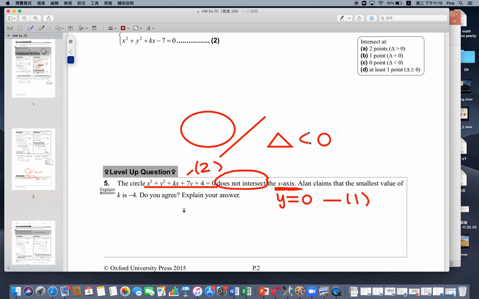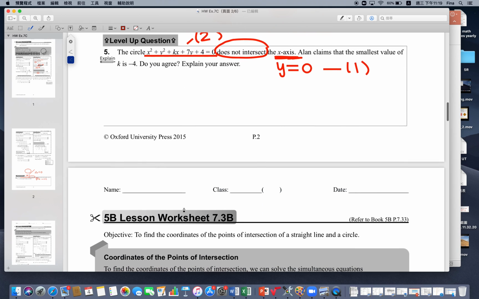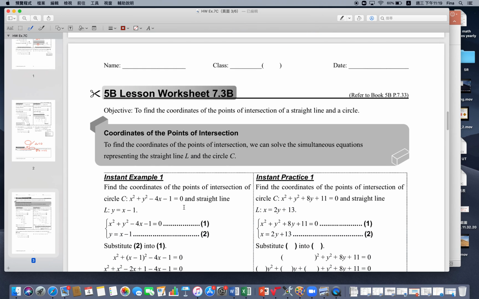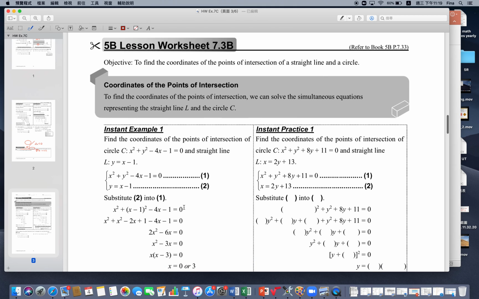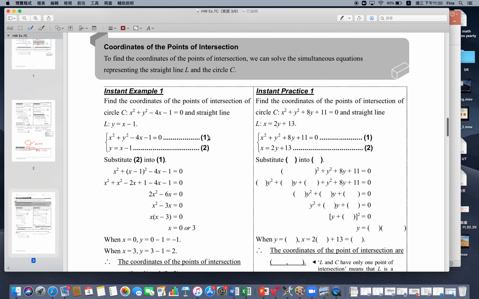For the next part, this part is more important than the previous part. We are going to look at the coordinates of the points of intersection.